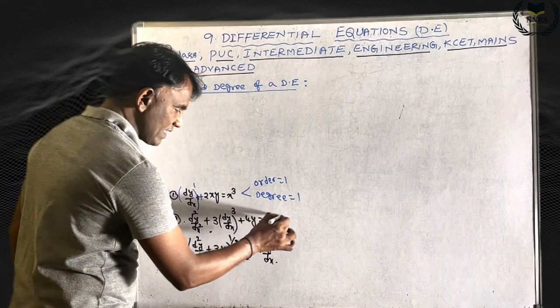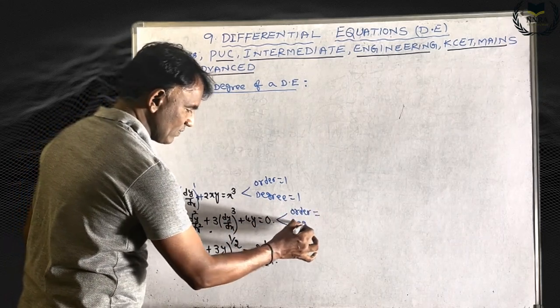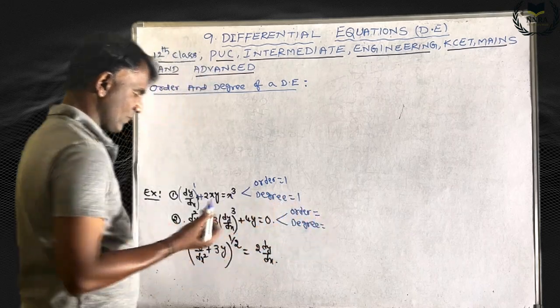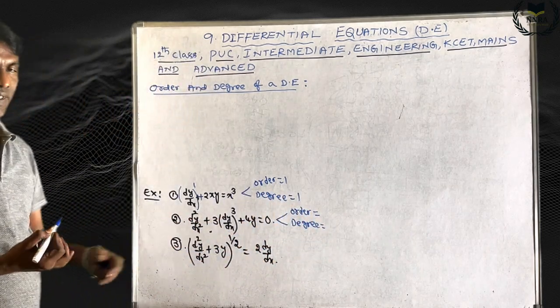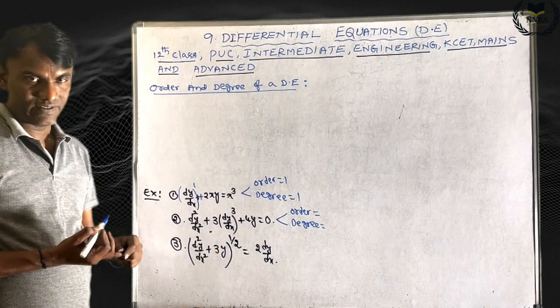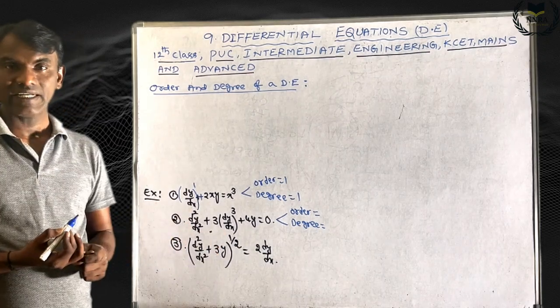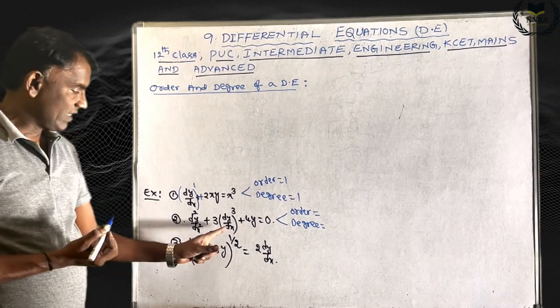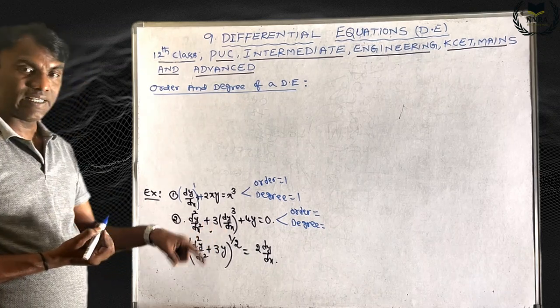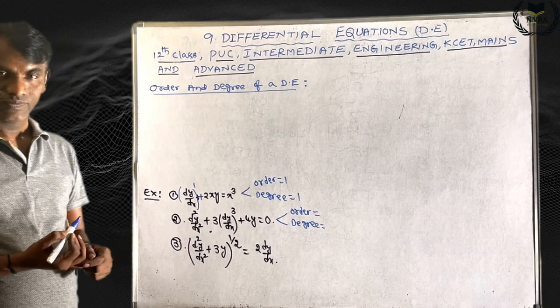And coming to the second example, order and degree. There are two derivatives in this. One is dy by dx, the first order derivative. Another one is d square y by dx square, that is the second order derivative. So of these two derivatives, which is the highest order derivative? d square y by dx square.